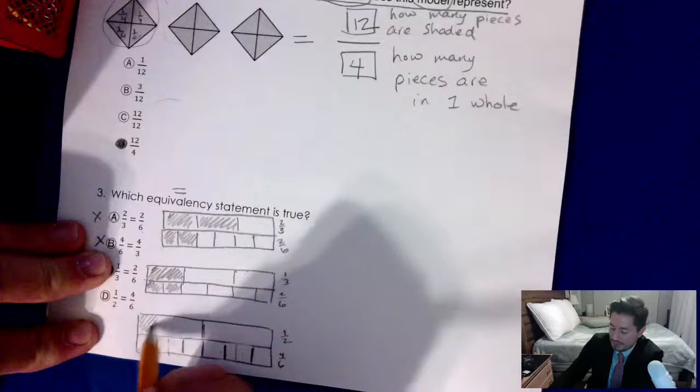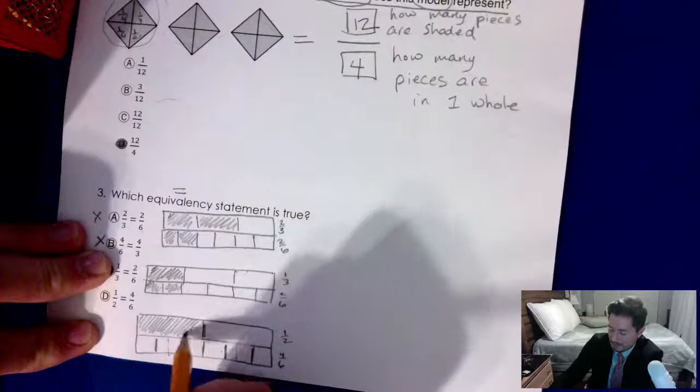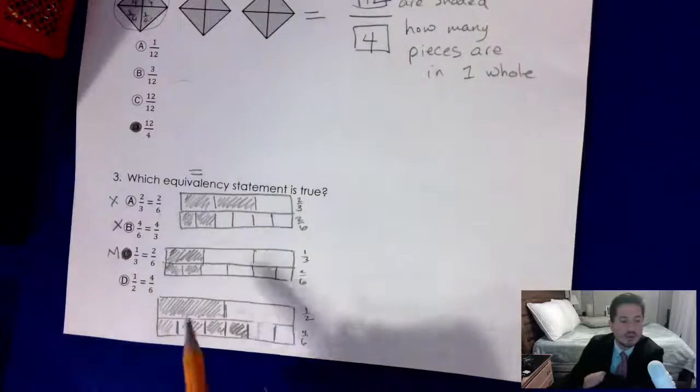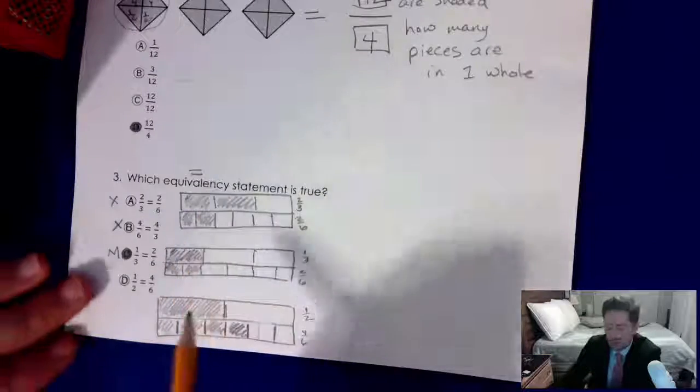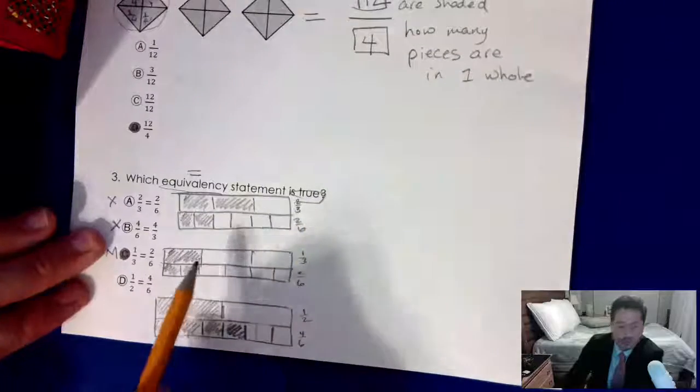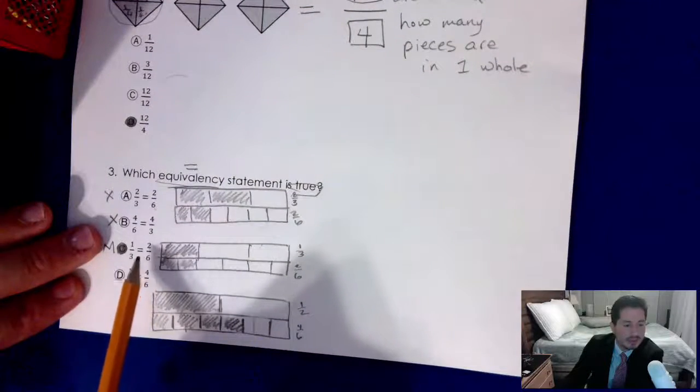So 1/2 is going to be shaded. And 4/6. 1, 2, 3, 4. And they're not equivalent. Remember, equivalent means equal. Which statement is true? There was only one of them that was actually equal, and that was C.